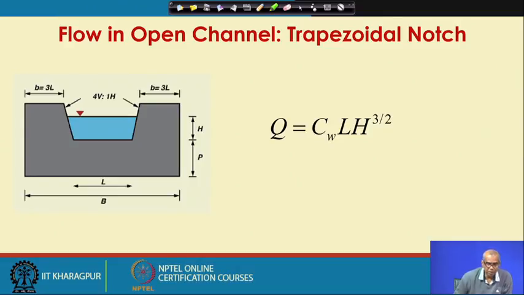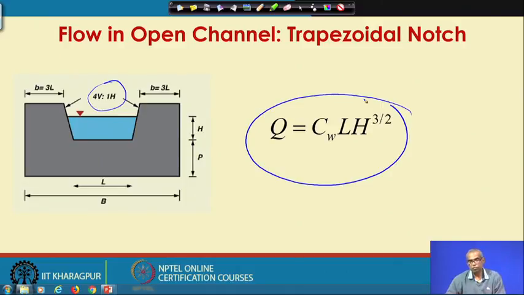Some typical dimensions are shown. V stands for vertical and H for horizontal. So, 4 units of vertical length is to 1 unit of horizontal length.